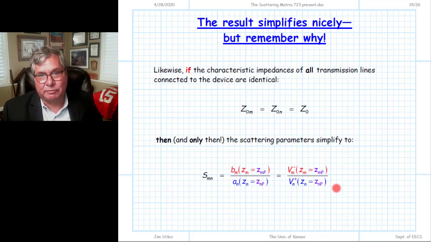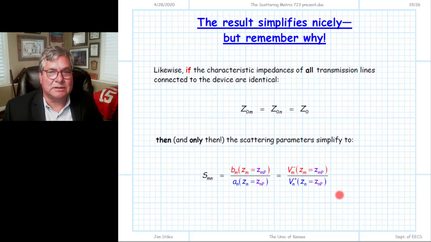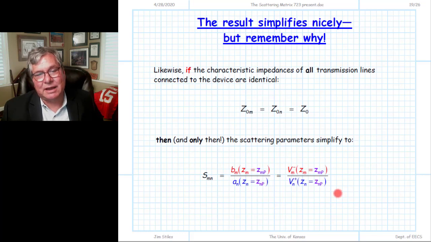Moreover, we could take the previous page and say if our port plane indexes are numerically equal to 0, then we get a value where this is equal to V0 minus divided by V0 plus for the two ports in question. And oftentimes, again, that is how scattering parameters are defined, and engineers and students alike will use those definitions blindly, even if they are not valid for the particular situation at hand.